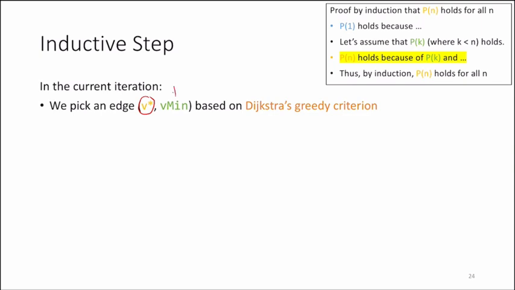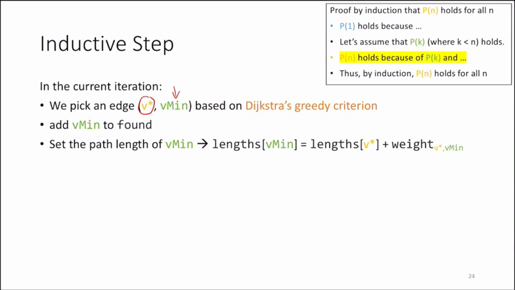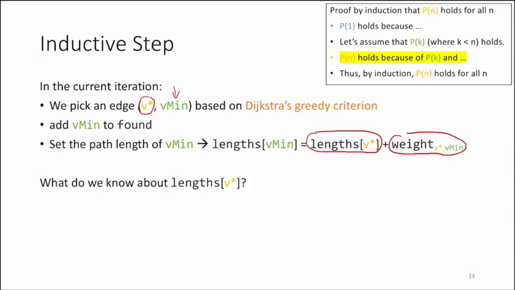And vmin is the one that has the smallest value according to Dijkstra's greedy criterion. We add vmin to our found set, and we set the path length of vmin equal to the length of the path to get to v*, which we've already computed, plus the weight going from v* to vmin.